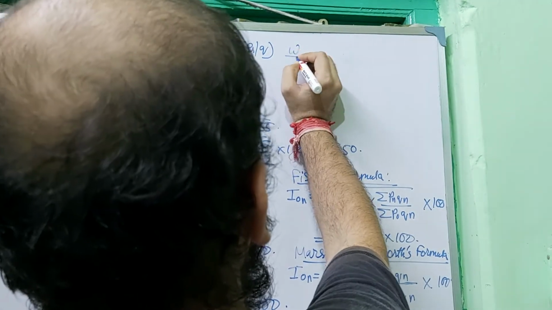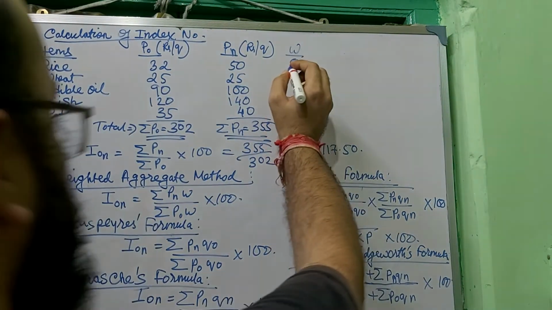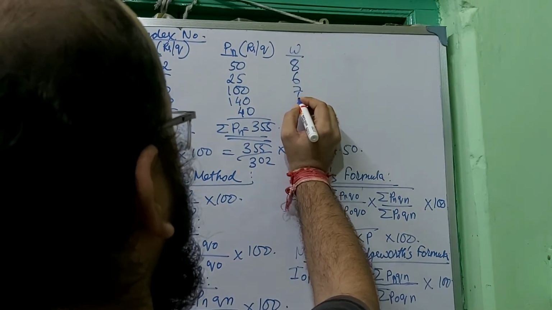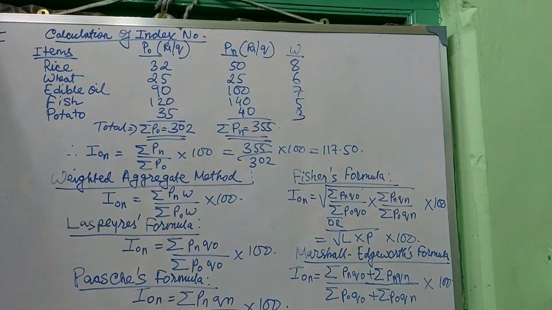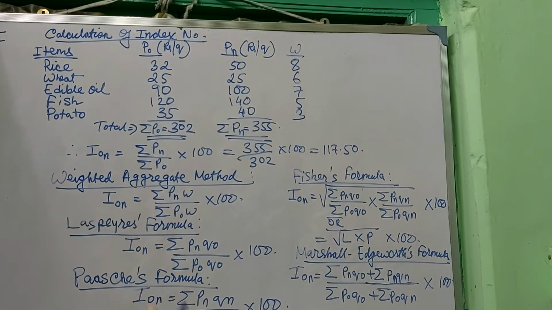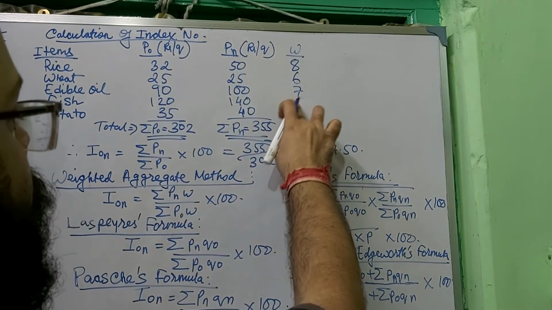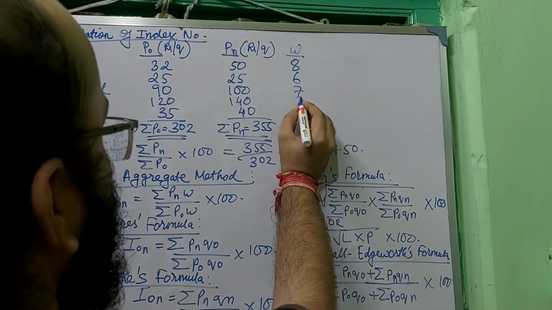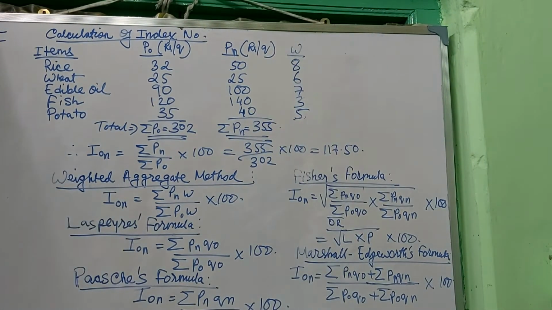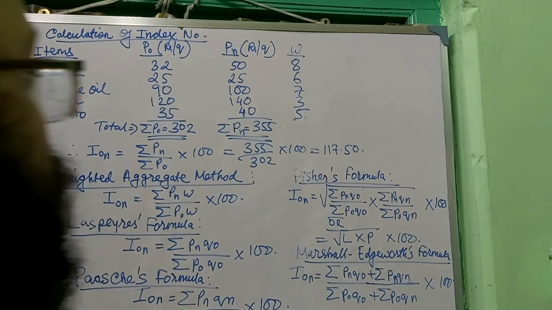Suppose W is 8, 6, 7, 3, 5. This is the weight they have provided.